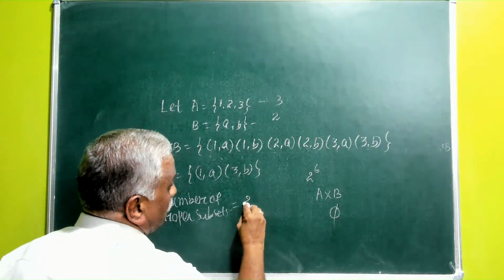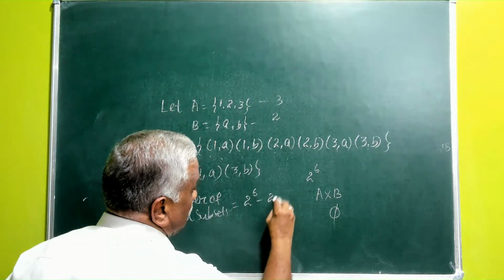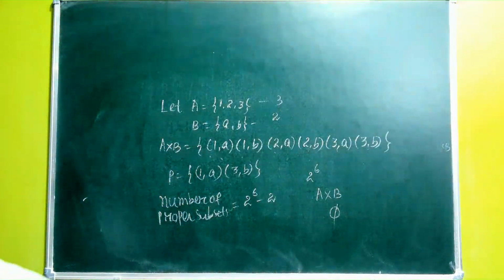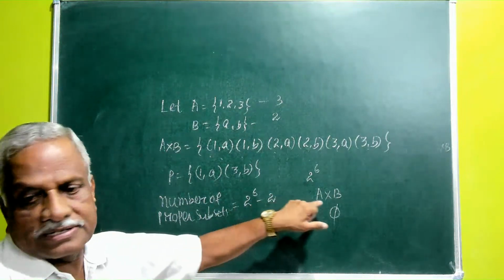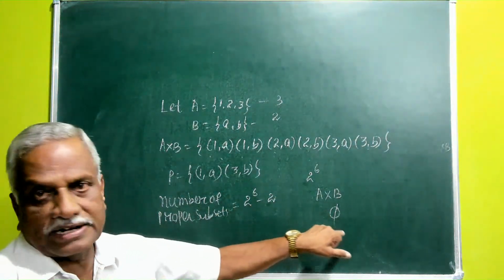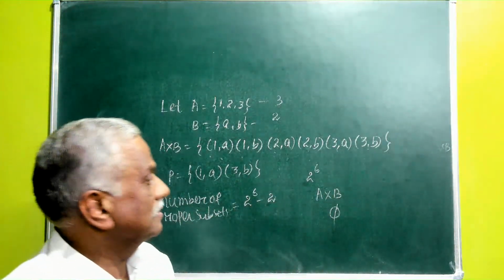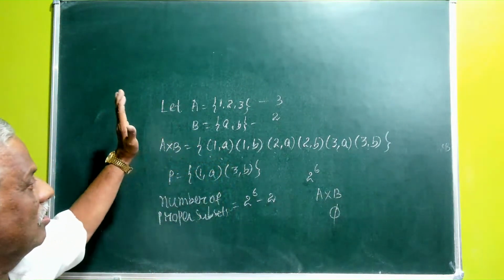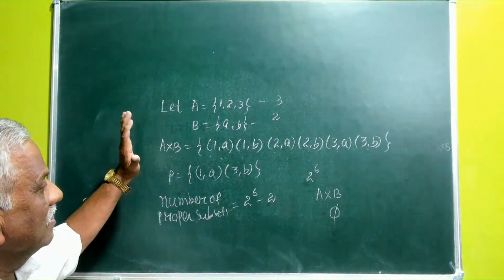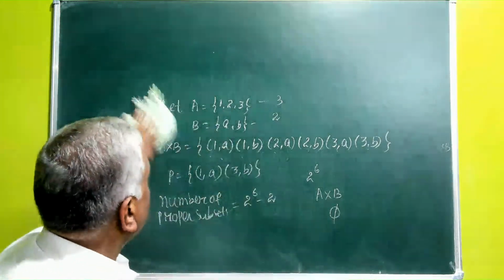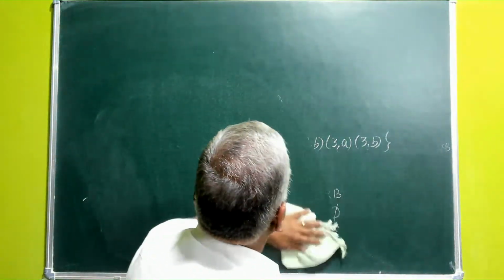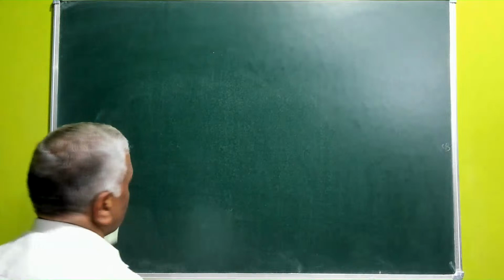In this case, it is 2 to the power of 6 minus 2. Because there are 2 to the power of 6 subsets, you have to subtract 2, the set corresponding to A cross B and the null set. So if you have an idea how many subsets there are, what is A cross B, what is a proper subset and improper subset, the questions framed on this can be worked out.